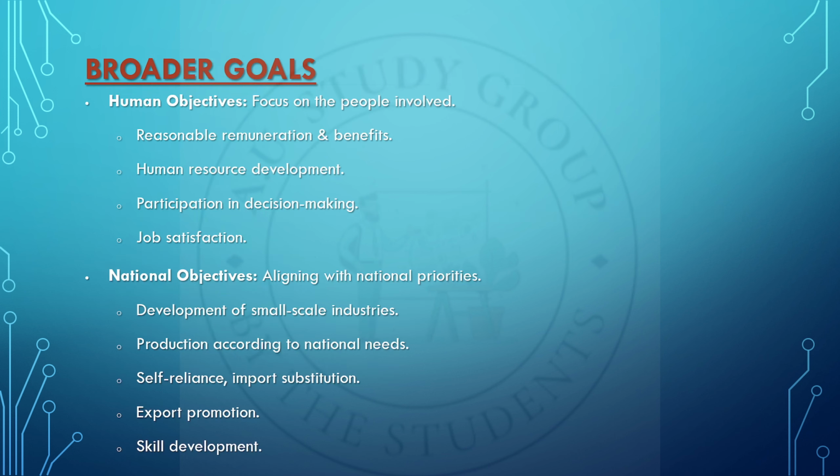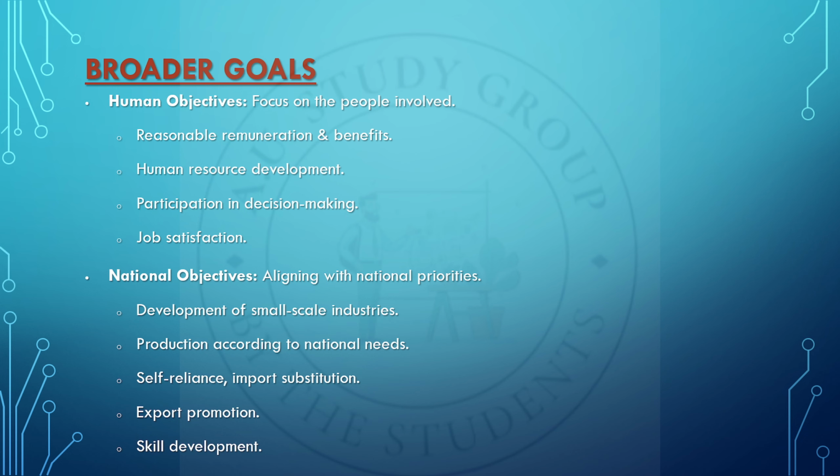Now, beyond economic and social, we also have other objectives. What we have seen so far is the economic objective and the societal objective. Now, there are other objectives as well, which is the human objective. What is the human objective? It focuses on the people within the business, the people involved in the business, their development, their job satisfaction, their participation in decision making.